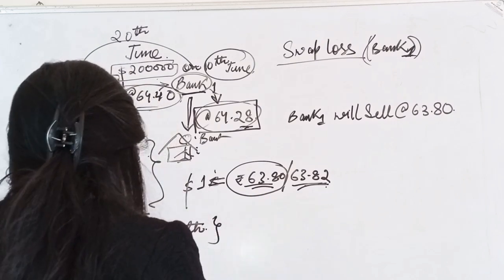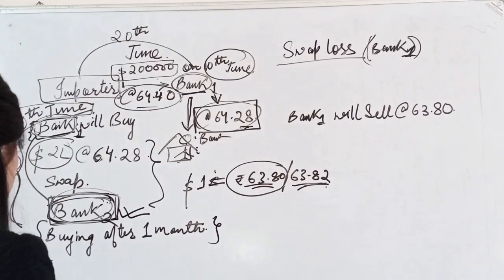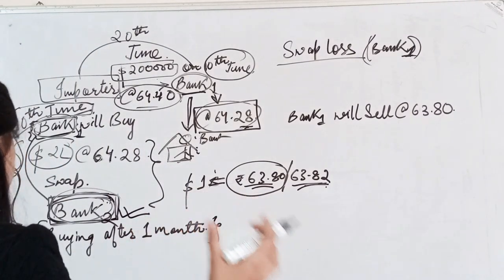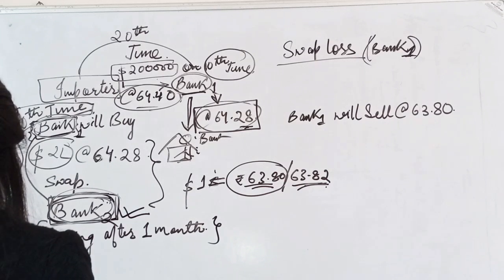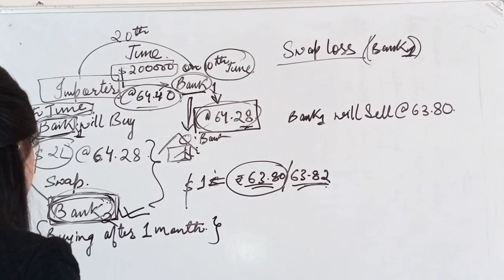See, in the column there is given spot USD 1 equal to for 10th June, 20th June. That is the spot rate for 10th June and 20th June. And afterwards, there is spot June, spot July, spot August, spot September. So for a forward contract, we have to choose the rates from there.